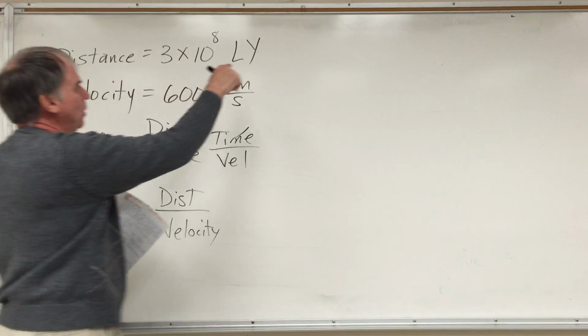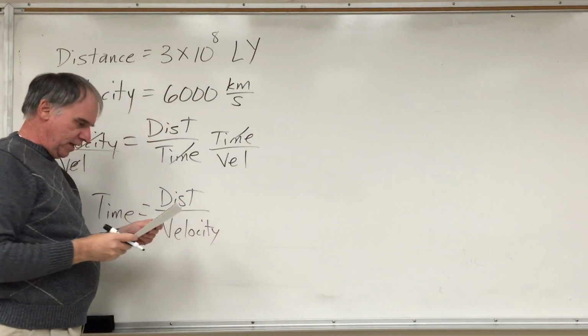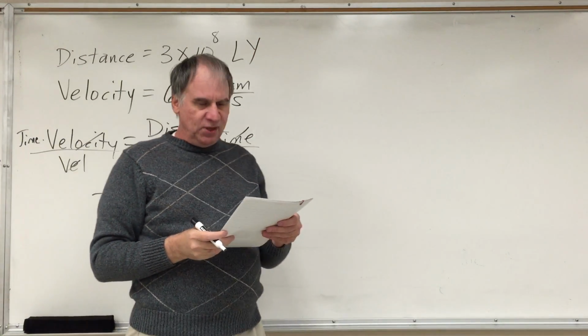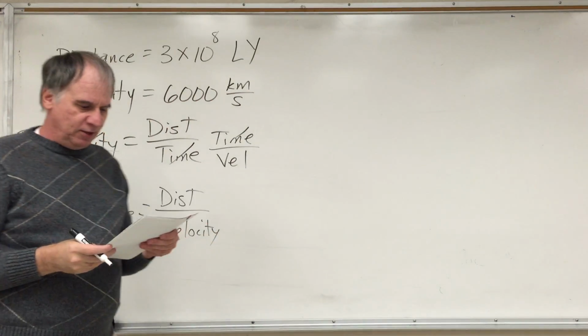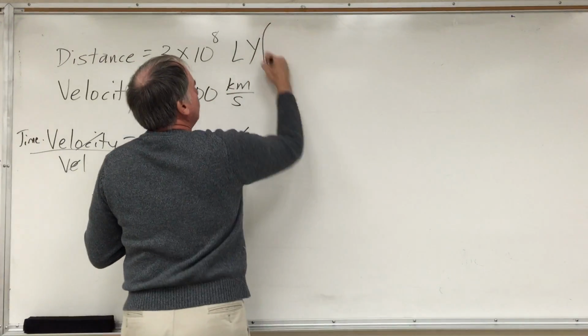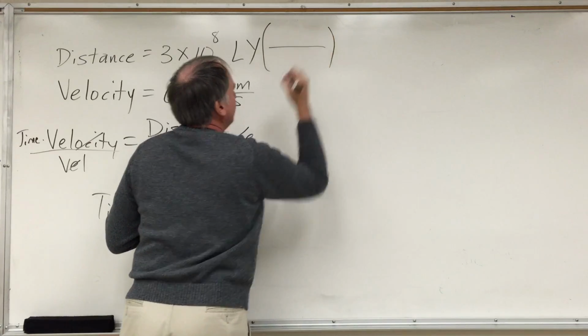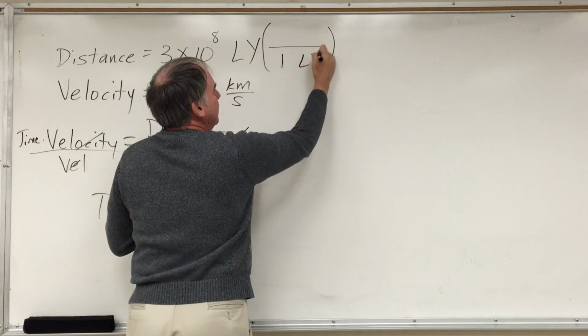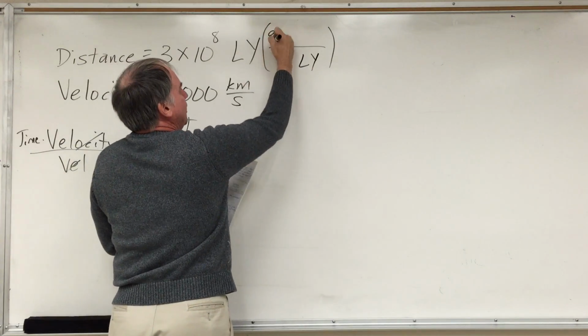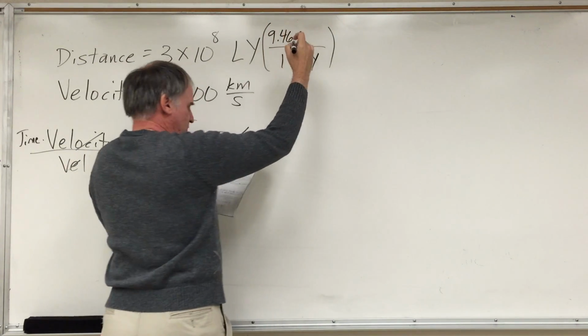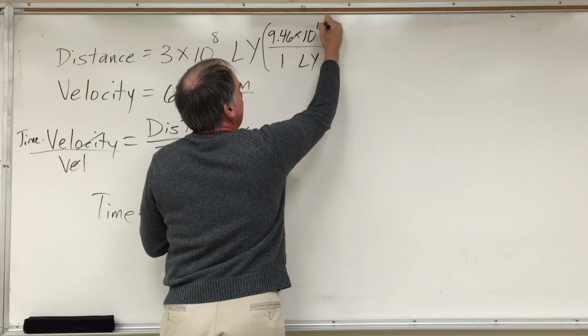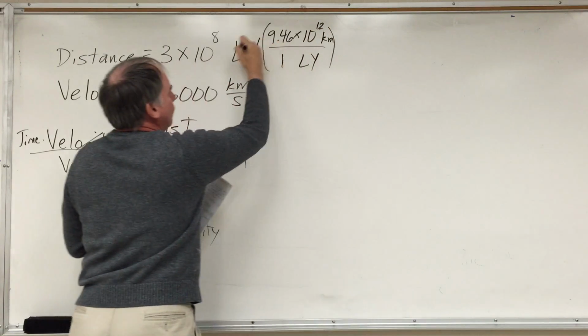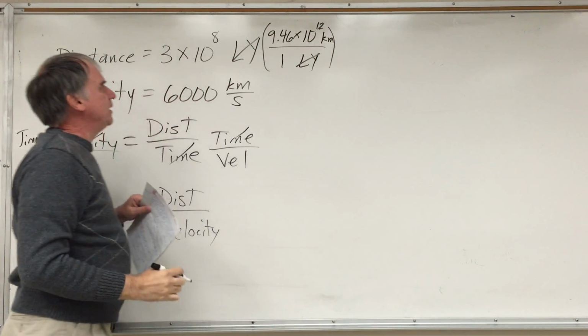So in the textbook, I saw that 1 light year is equal to 9.46 times 10 to the 12 kilometers. So I'm going to make that a conversion factor and multiply that right here. 1 light year is the same as 9.46 times 10 to the 12 kilometers. Note how I've set this up to cancel the light years.